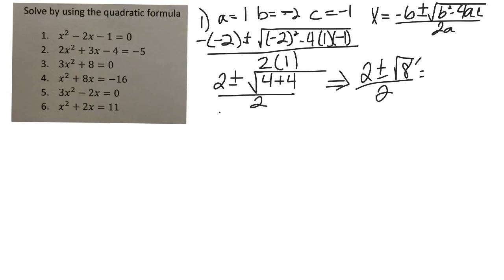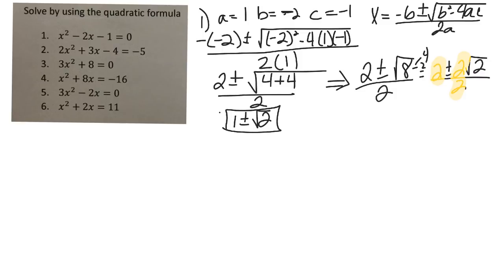Square root of 8 simplifies, it's 4 and 2, so I get 2 radical 2 plus or minus 2 radical 2 over 2, and I can divide all of the numbers in front here. These all can be divided by 2. So we get 1 plus or minus the square root of 2 divided by 1. I don't really need to put the divided by 1 there, and that's my final answer.